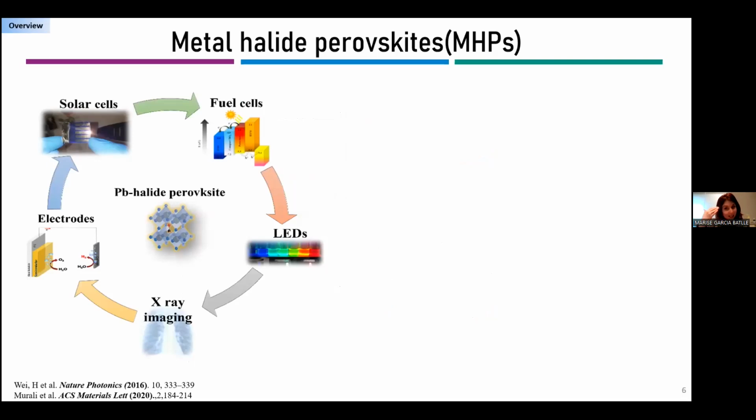So with all that information in mind, we have perovskite materials, and they are performing quite well in the field of solar cells and LEDs, and pretty well in the field of X-ray detectors as well.